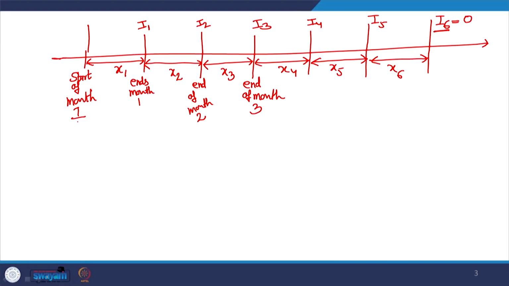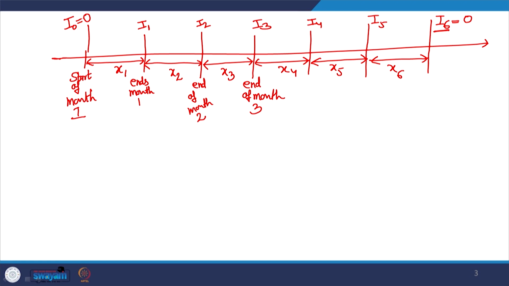So I6 should be 0, and similarly, it is not mentioned in the data, so we also assume that at the start of month 1 we have I0, the initial inventory available to you at the start of month 1, and since there is no mention of this term, the initial inventory is also considered to be 0.